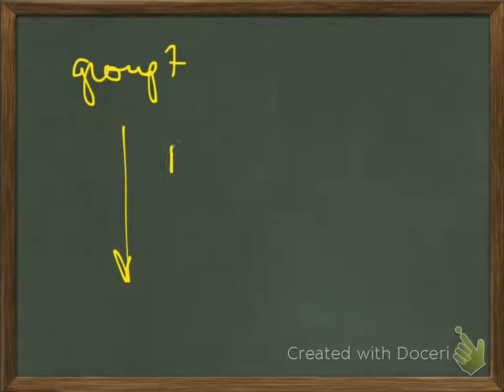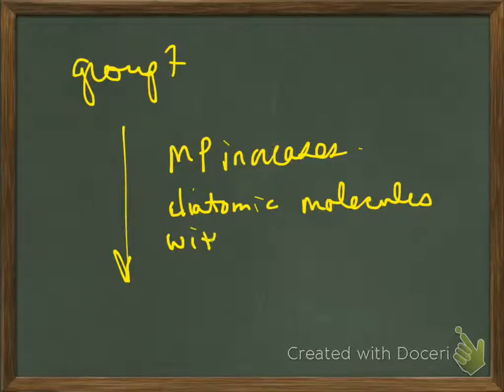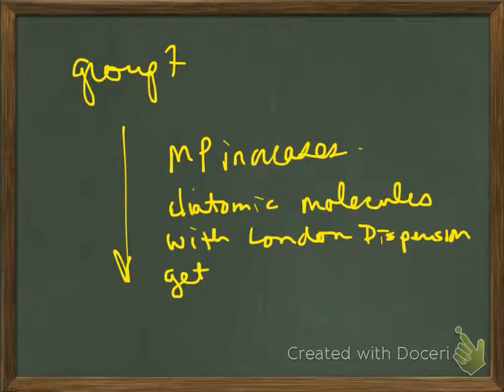Okay. If we look at group 7, as we go down the group, the melting point actually increases. And this is because these are diatomic molecules, diatomic molecules with just the London dispersion forces, which get stronger with larger electron clouds.